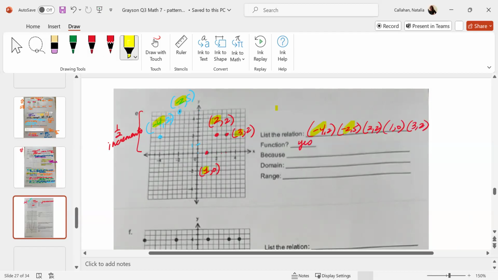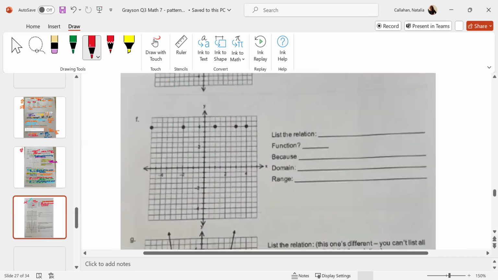Yes, because none of the x values repeat, correct? Domain: negative 4, negative 2, 2, 1, 3. Range is 2, 5, 2, 0, 2. And it doesn't matter if the range repeats because that doesn't determine if it's a function or not, right? Okay.